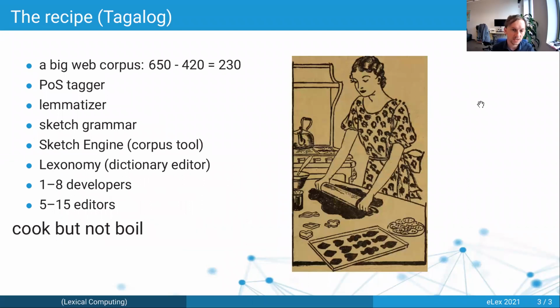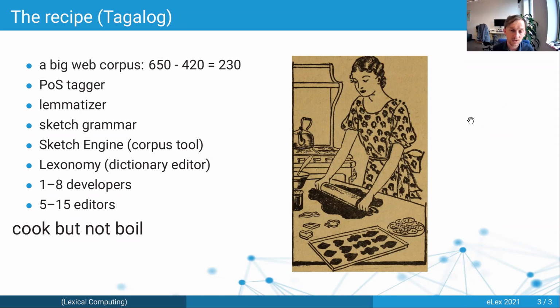On the example of Tagalog, we started with a moderately big, modest web corpus. We downloaded 650 million tokens after the standard cleaning, out of which we had to remove 2/3, over 400 million words, because for Tagalog and generally for many low resource languages, a lot of the material that you can find online is unfortunately machine translated, which we of course didn't want to have in the corpus.